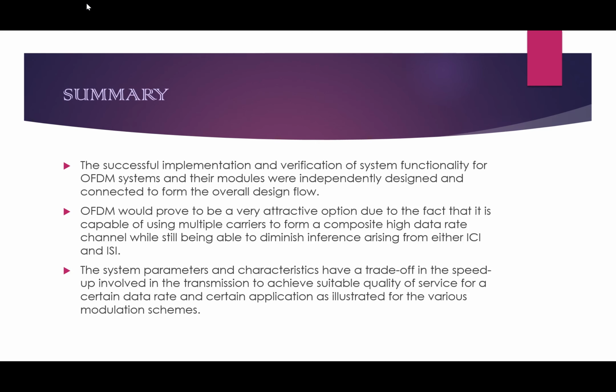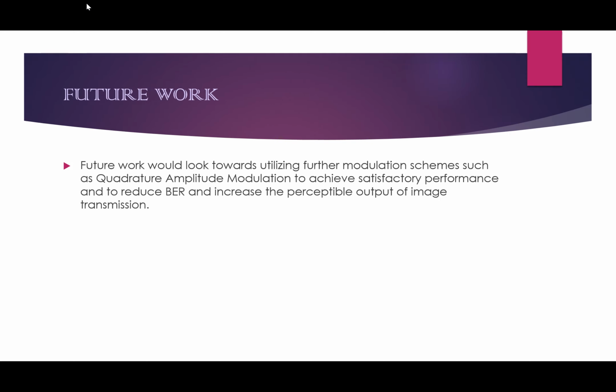So, as I've illustrated, the successful implementation and verification of the system functionality has been achieved. Individual models were designed in MATLAB, and OFDM provides us with a very attractive option in terms of multi-carrier systems. And we have the trade-off in system parameters and characteristics involving the transmission and reception for suitable quality of service for a given data rate.